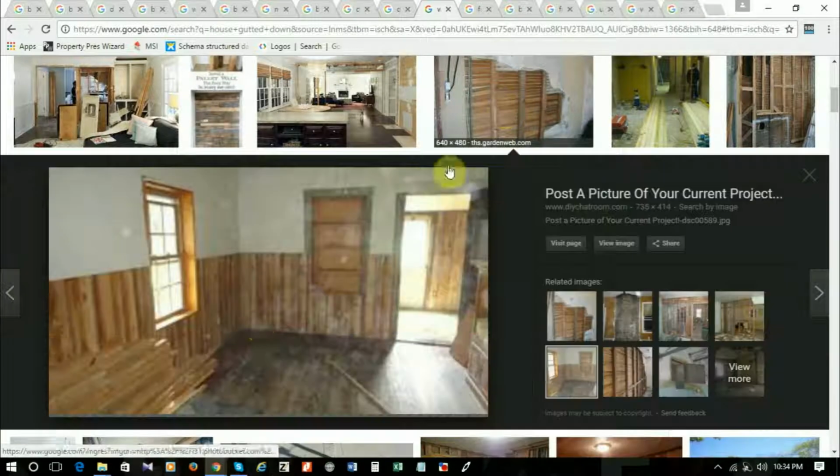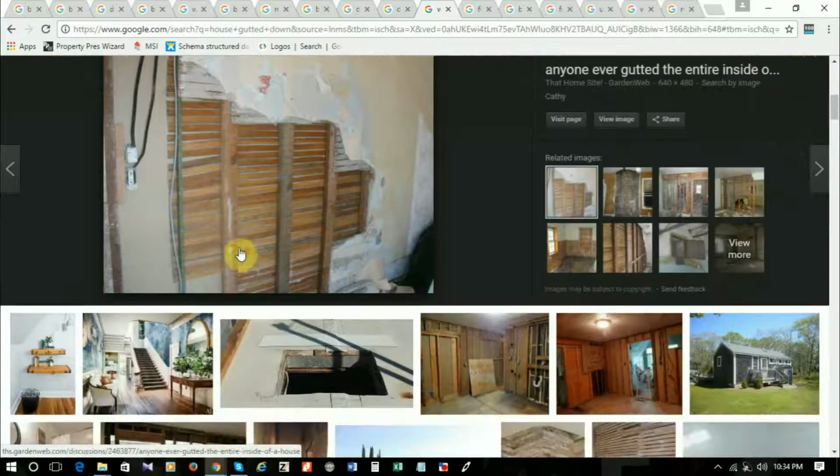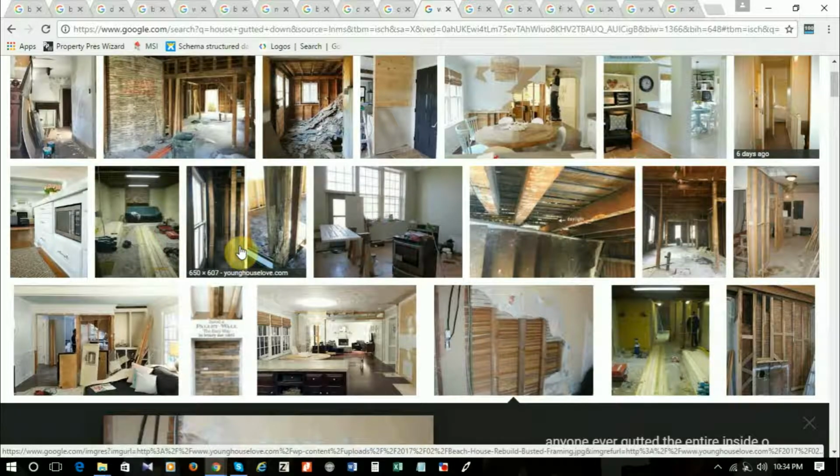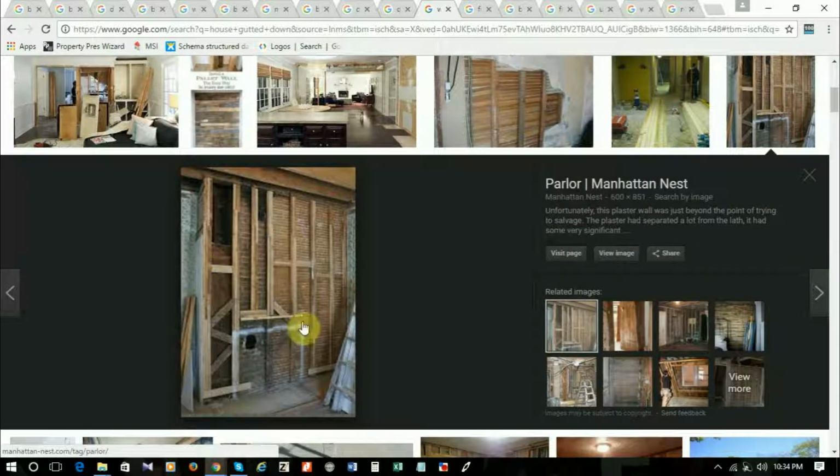Some better pictures, maybe like this, so the full drywall is removed. Usually, such damages will be noted by the crew that visited the property, and they will provide you with the information.